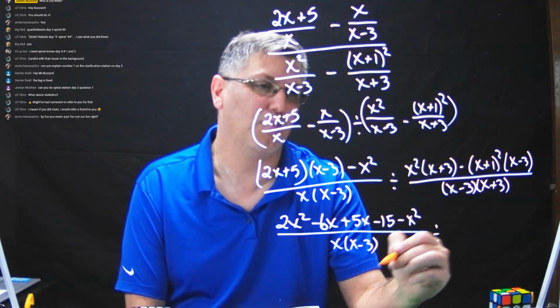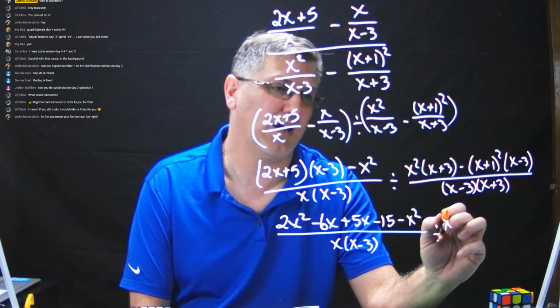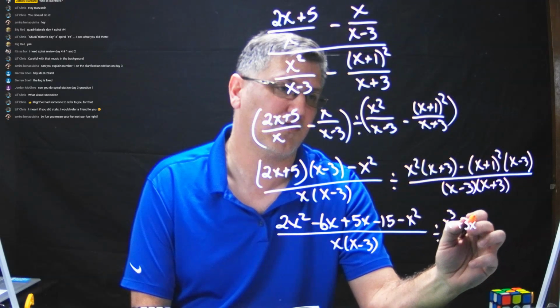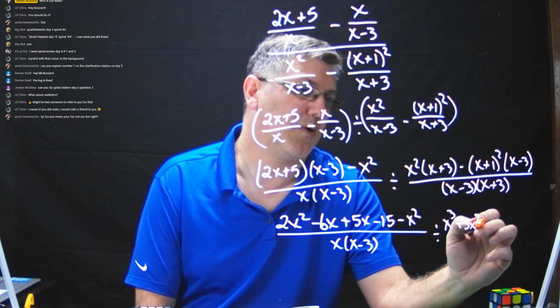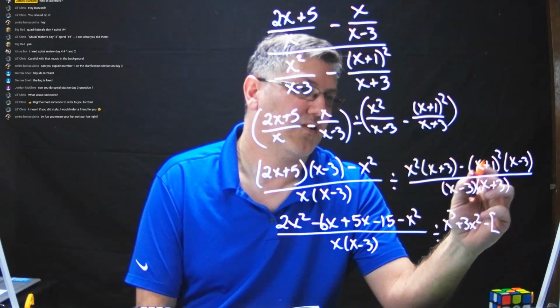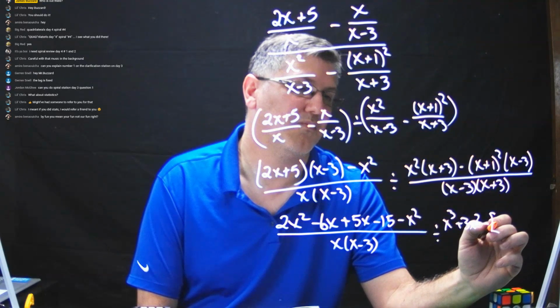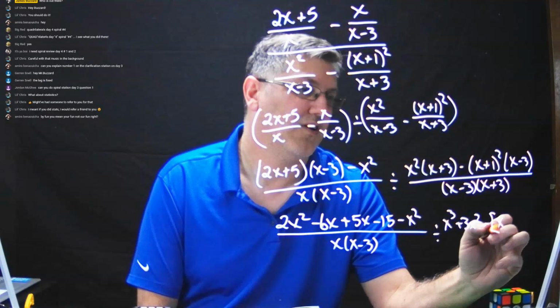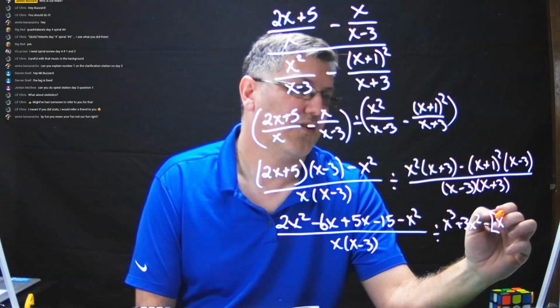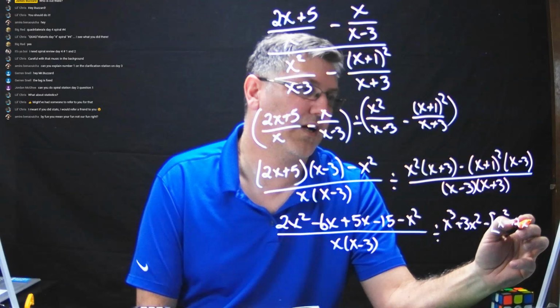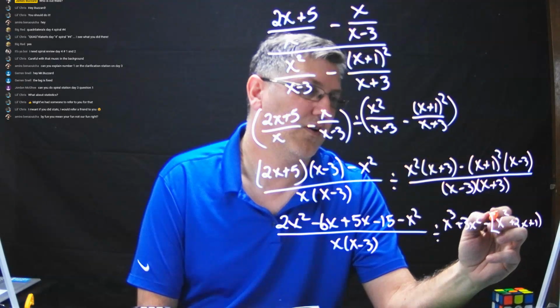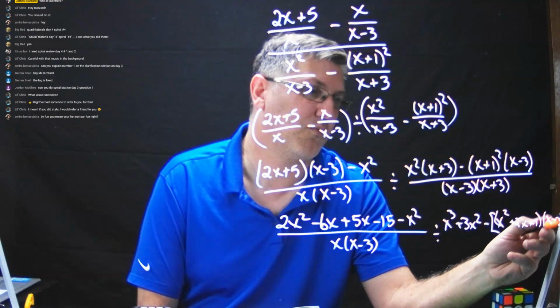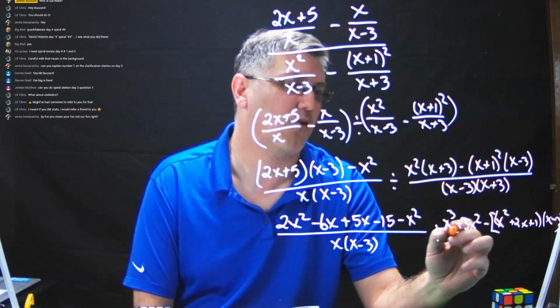I'm still dividing by. This is going to be x cubed plus 3x squared. I've got a minus. This is going to be, man, that is ugly, x squared plus 2x plus 1 times x minus 3. And I'm off my board over here.